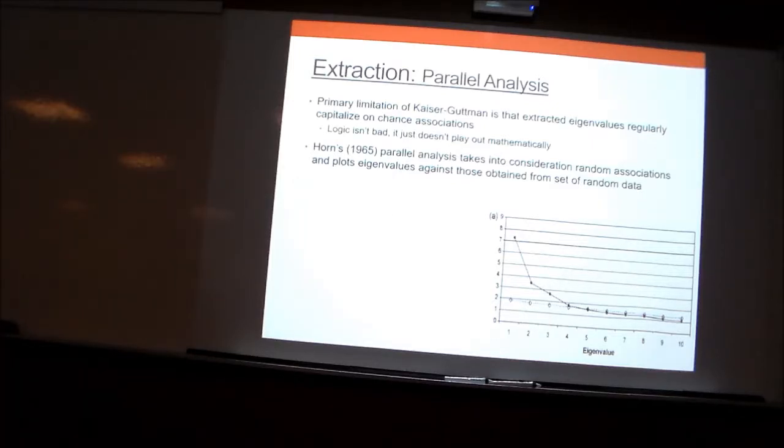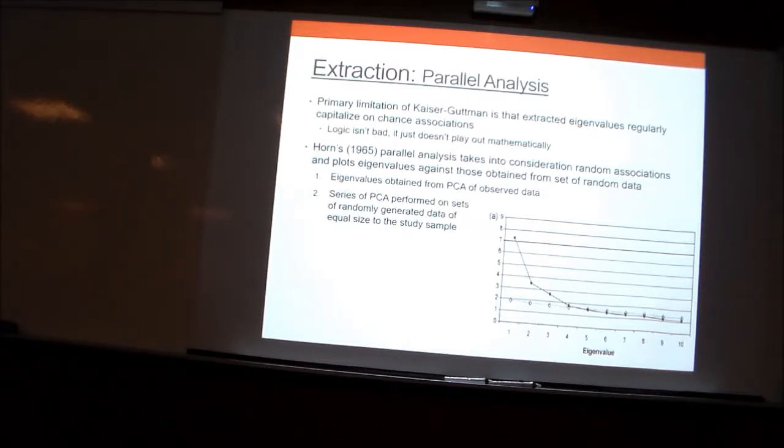With parallel analyses, we plot our eigenvalues from our actual data against a data set of similar size and metric, but made of completely random scores. We get our eigenvalues from our principal components analyses, and then we run a series of principal components analyses on sets of randomly generated data equal in size to the sample studied.